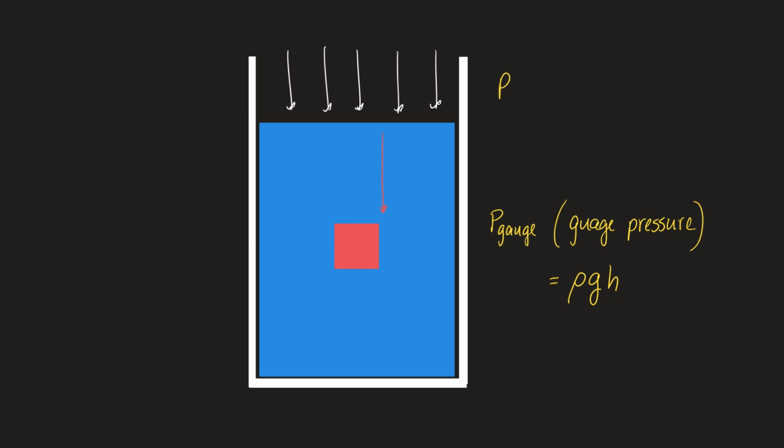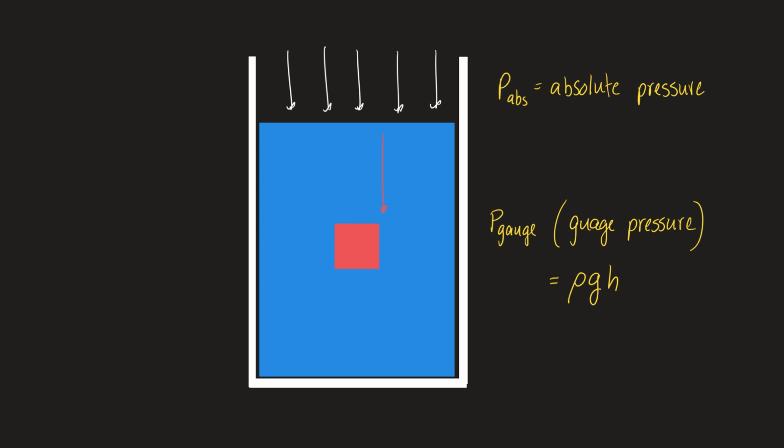However, absolute pressure includes the atmosphere. The gauge pressure does not. The gauge pressure assumes that when you're in the atmosphere, you're at zero, because that's what you're always under, and it only tells you about what's being added to the pressure that you have.